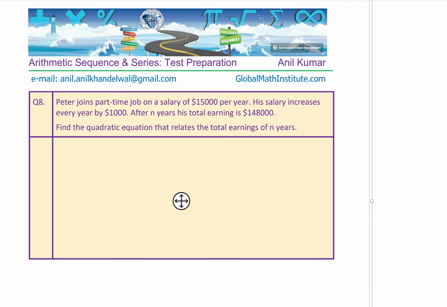Now let's look into question number 8, which is Peter joins a part-time job on a salary of 15,000 per year. His salary increases every year by $1,000. After n years, his total earning is 148,000.